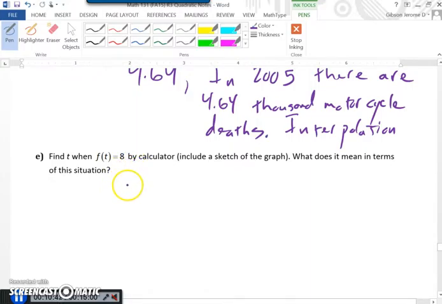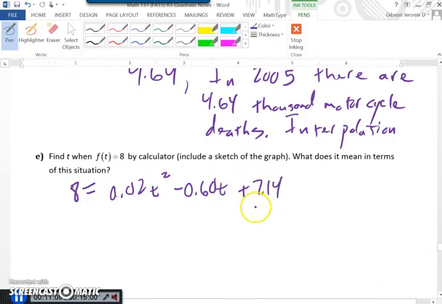So we need to take this formula here, and we will have 8 replace f of t, and it'll equal 0.02, well, we should actually put t, since we're dealing with t. T squared minus 0.60 t, and then plus 7.14.